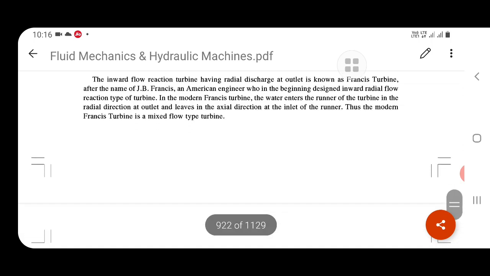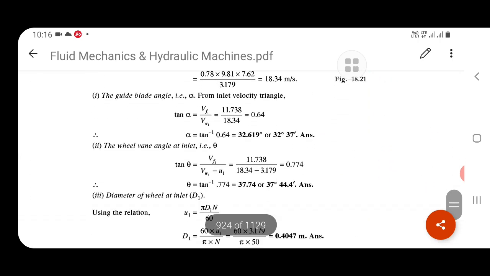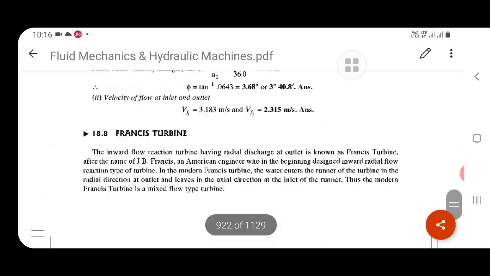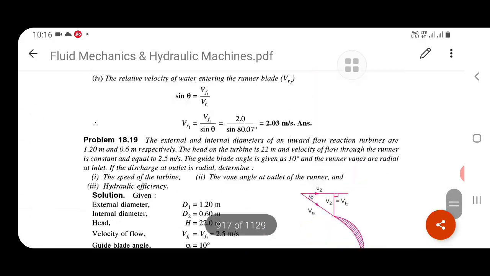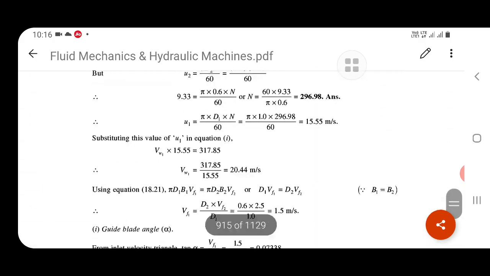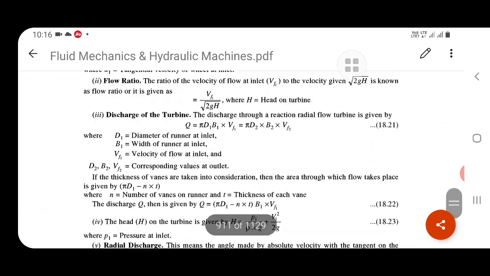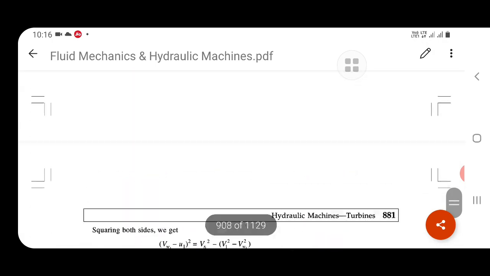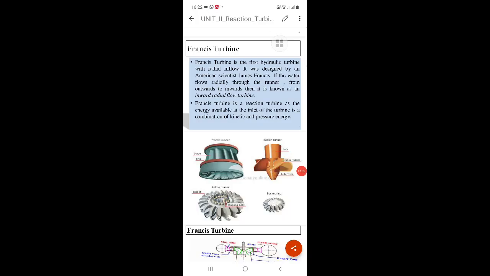First we draw the diagram of the Francis turbine. The Francis turbine is the first hydraulic turbine with radial inflow.